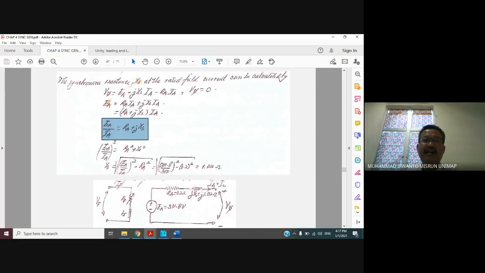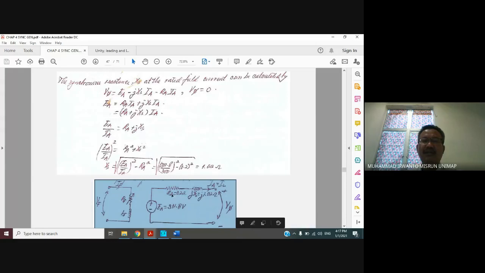So (EA over IA) squared is equal to RA squared plus XS squared. So the value XS here is equal to the square root of (EA over IA) squared minus RA squared. Substituting all the values, we obtain XS equal to 1.02. So if we draw the equivalent circuit just like this, please put the value of RA here, XS here, and also the internal generated voltage here. Okay, understand? Now this one is for the Y connection.